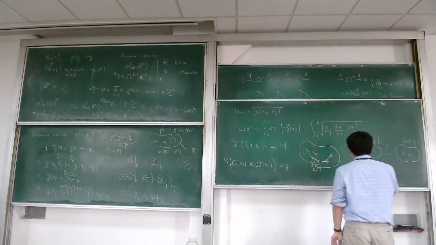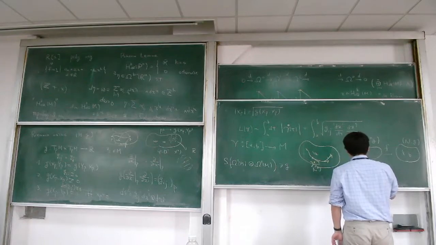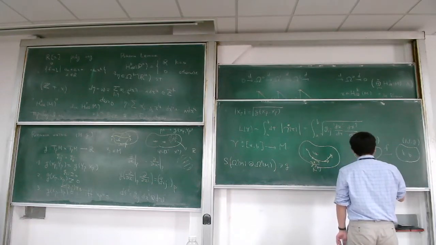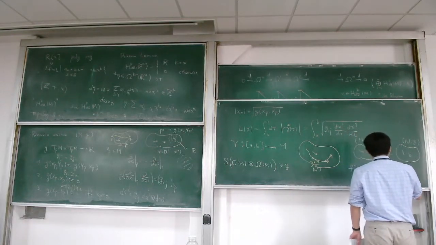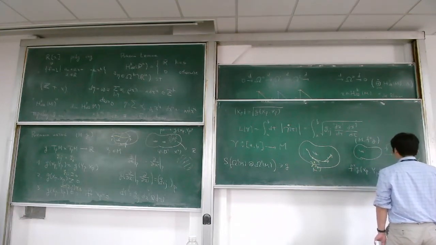In such a way that f star of g at X_p, Y_p is equal to g of f star X_p and then f star Y_p.